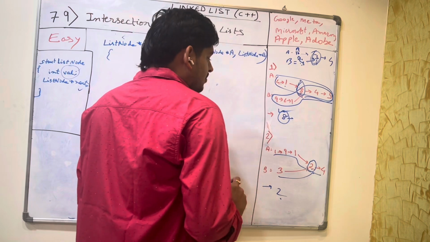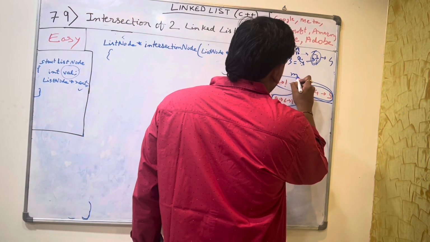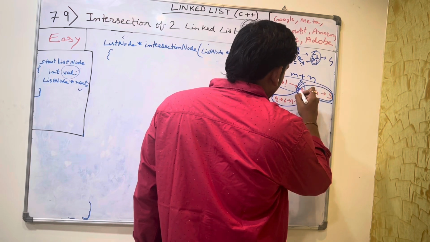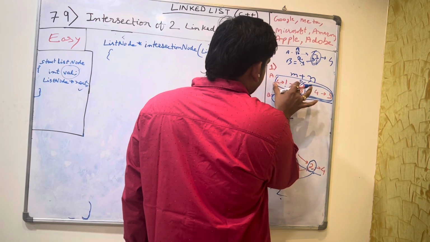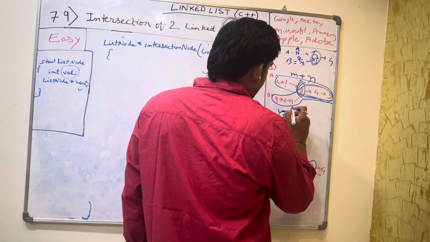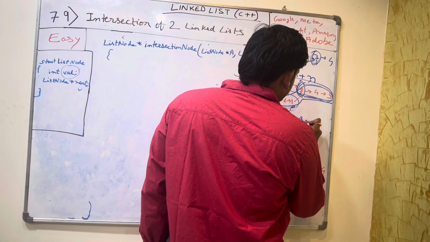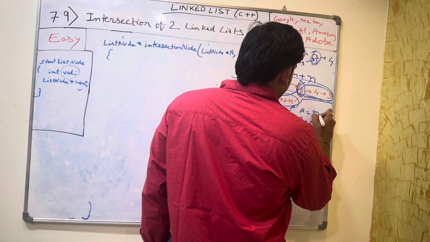Okay, so consider the size of the common part as n, the size of the remaining part of A as m, and the size of the remaining part of B as p. So B's size is p plus n and A's size is m plus n.